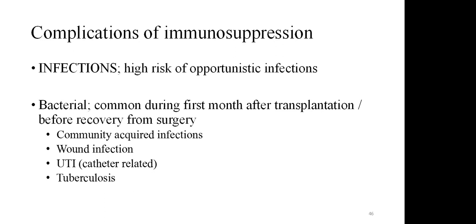Bacterial infections, commonly community-acquired infections and wound infection, especially post-operatively. This patient tends to have surgical site infections, urinary tract infection, especially if a catheter is used for a prolonged period. Then tuberculosis, either primary infection or reactivation.